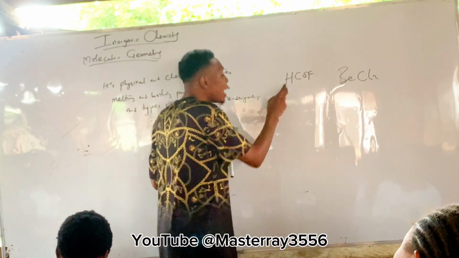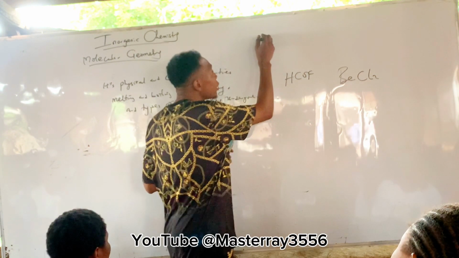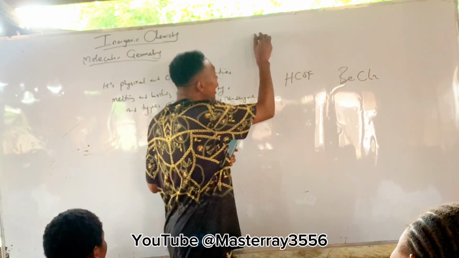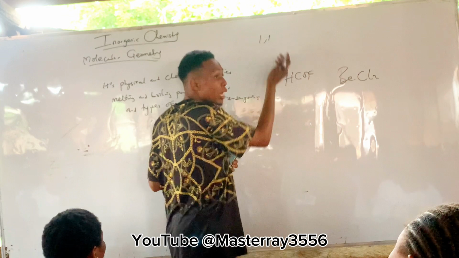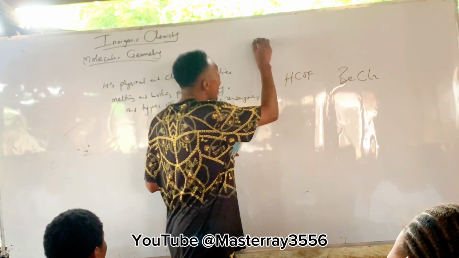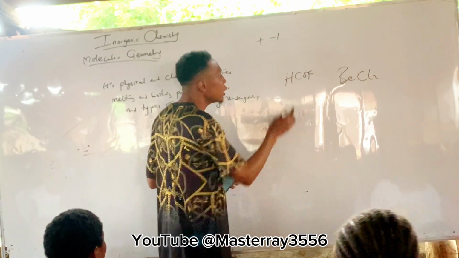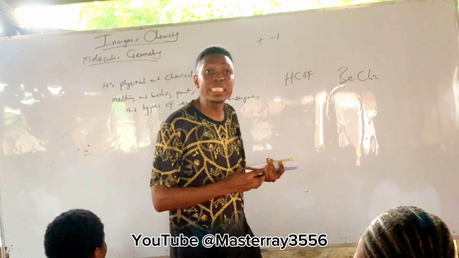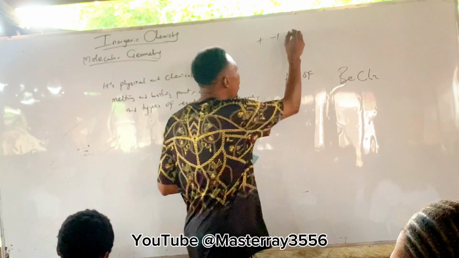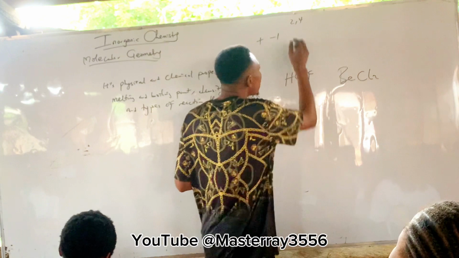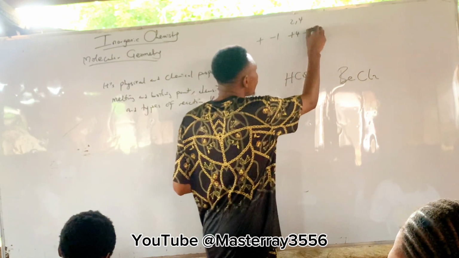Hydrogen is number one in the periodic table, and it needs one to complete a shell. That means plus one and minus one. Carbon is number 6, that is 2 and 4, so plus 4 and minus 4.